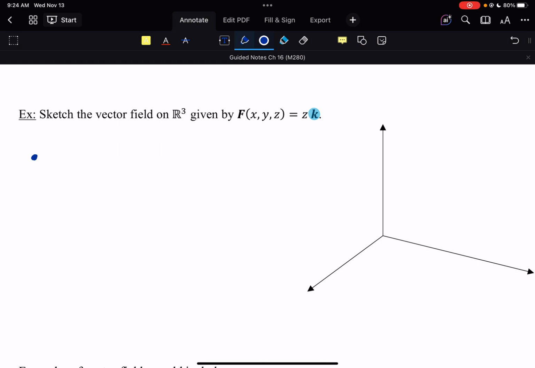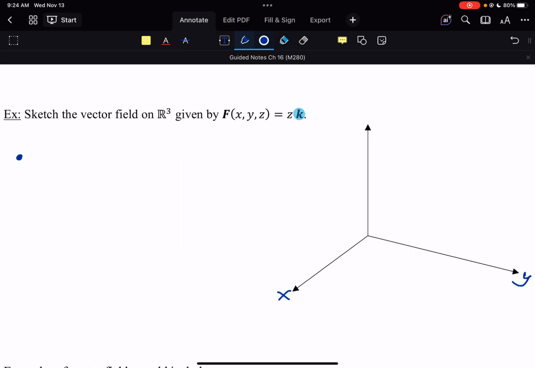So if this is x, y, and z, it means it's not going anywhere in the x direction or in the y direction. It's only going in the z direction, either up or down. That's important when we're graphing our vectors. So we know that all vectors are vertical.